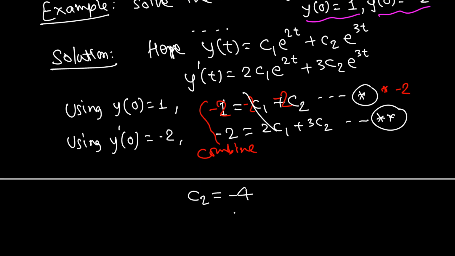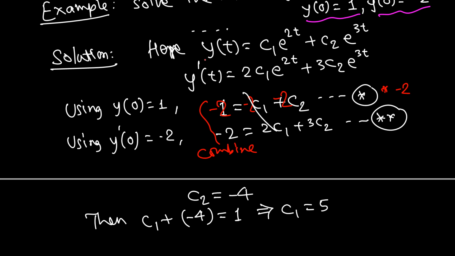Now we can plug into the first equation. Before I multiplied by negative 2, it was just 1 equals c1 plus c2. And then c1 plus c2 is 1. Moving negative 4 over, c1 is 5. So c1 is 5, c2 is negative 4.